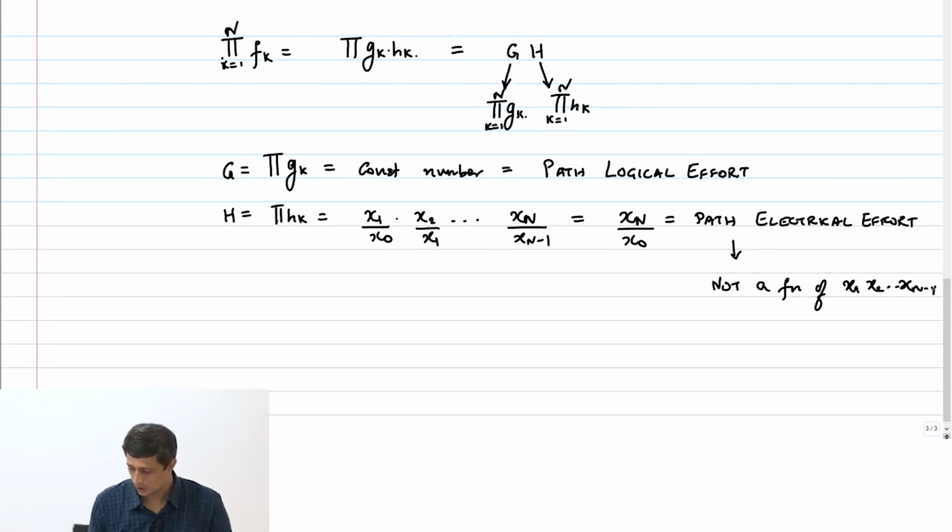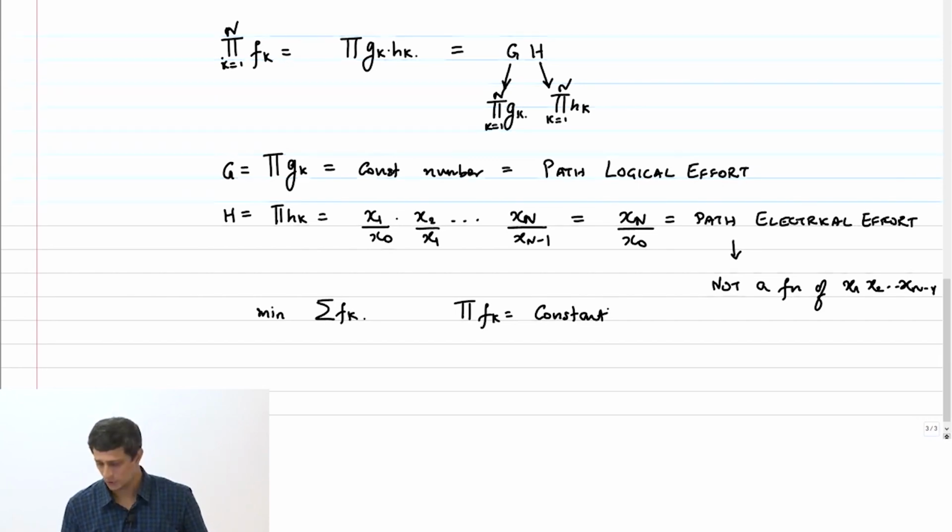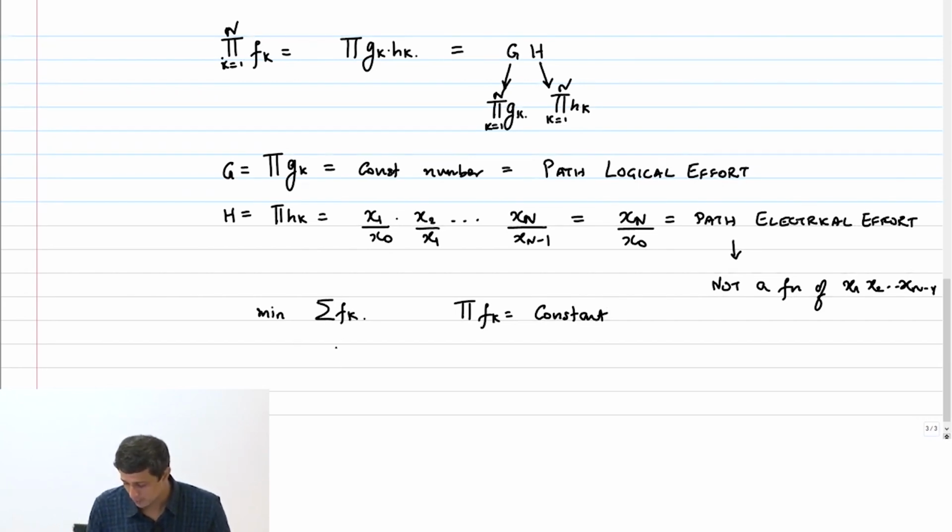Okay. So now what do I have? I want to minimize summation Fk, but the product of Fk's is a constant. Irrespective of what my variables are, x1 to xn minus 1, the product of Fk's is a constant. And therefore I am going to exploit this inequality of arithmetic mean being greater than or equal to geometric mean.